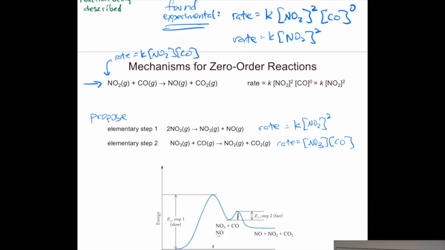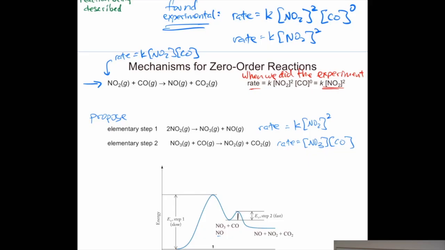So now we have 3 proposed rate laws, right? One that I got from the full equation, as if that were the only step, and then two more from a multi-step proposal, each based on the stoichiometric coefficients. And here's why you can't just do that and say that's what the rate law is: we actually did the experiment. Well, we analyzed data from the experiment and found that the experimentally determined rate law was the rate is equal to K times the concentration of NO2 squared.